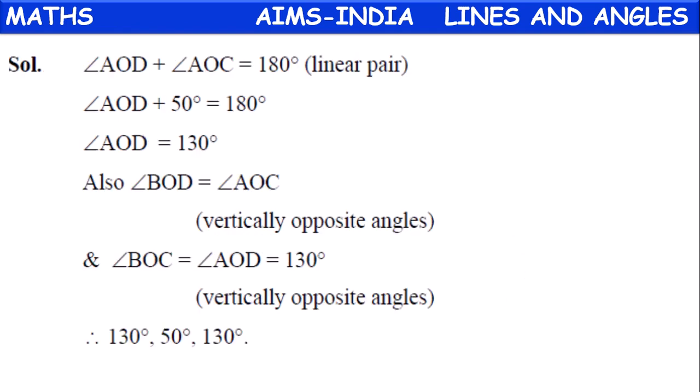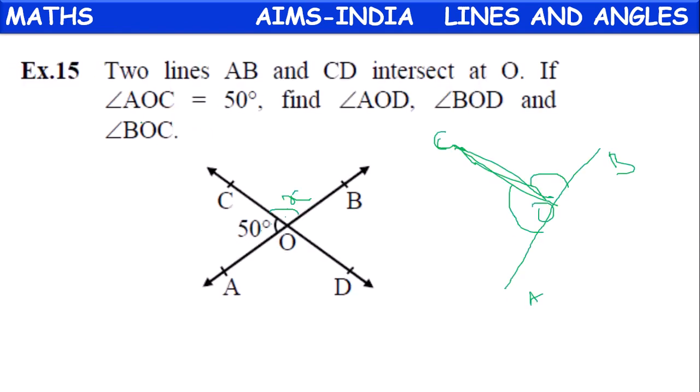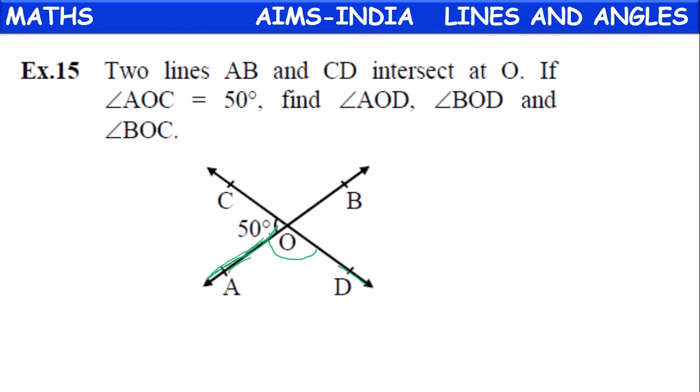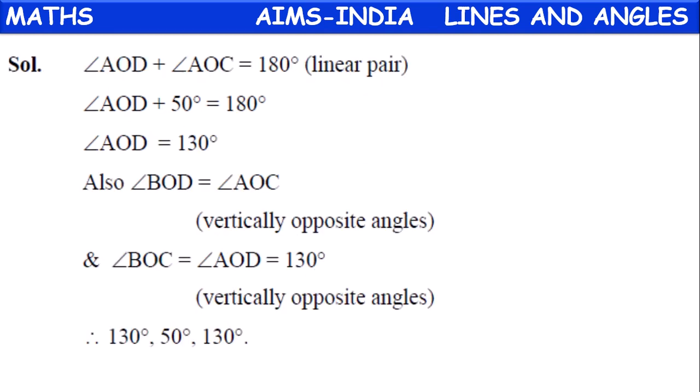So instead of this side they have taken, we can take this side also. This OA ray is standing on the CD line. So this angle is 180 degrees. So 50 plus x is 180.